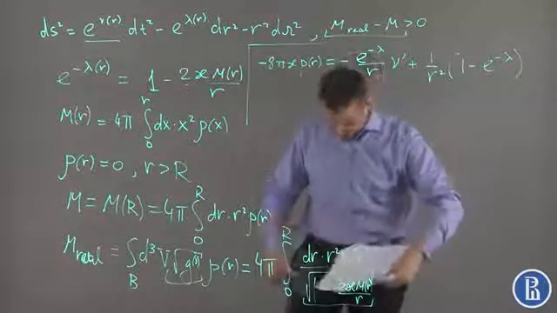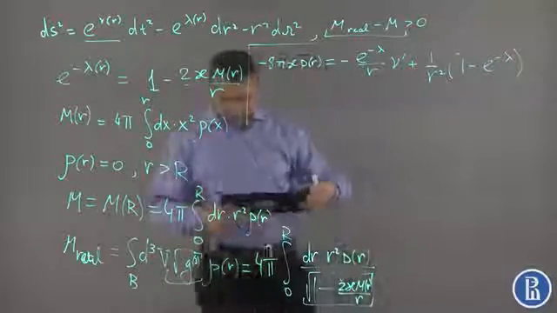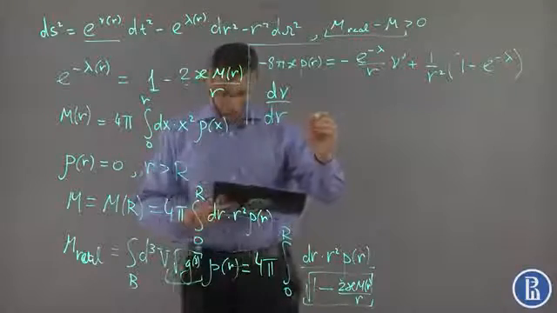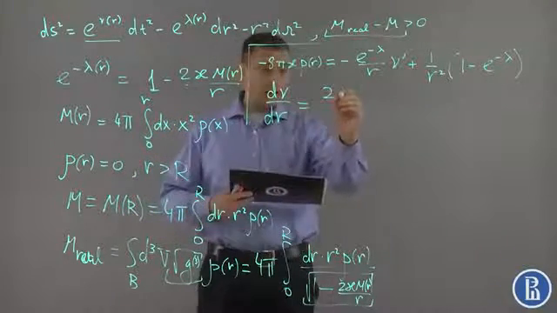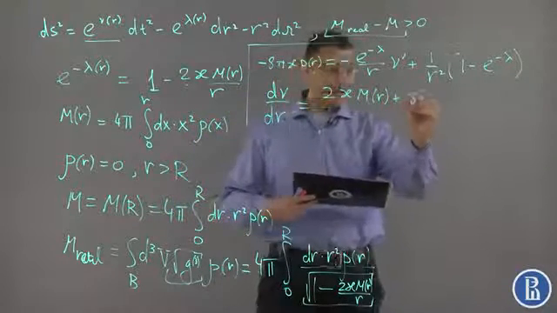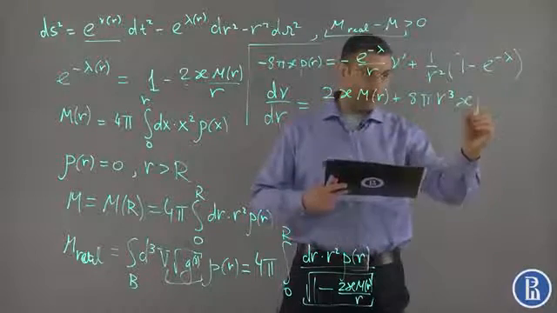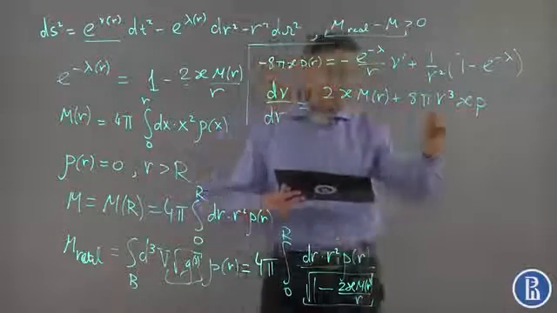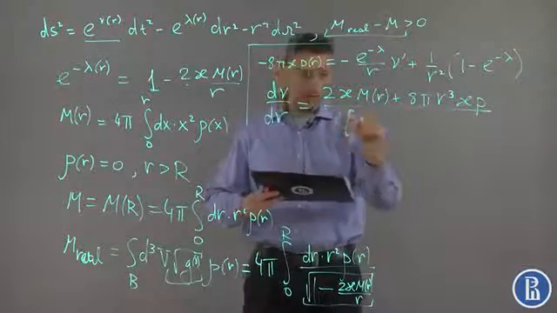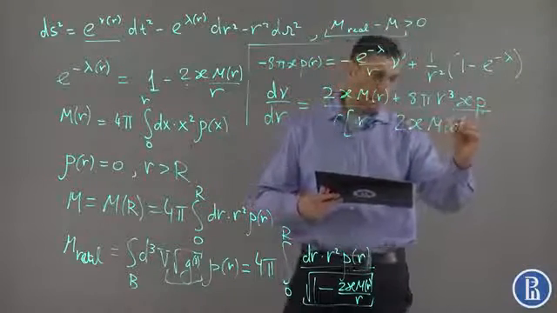The equation for ν is as follows: dν/dr is (2κm(r) + 8πr³κp) divided by r(r − 2κm(r)).